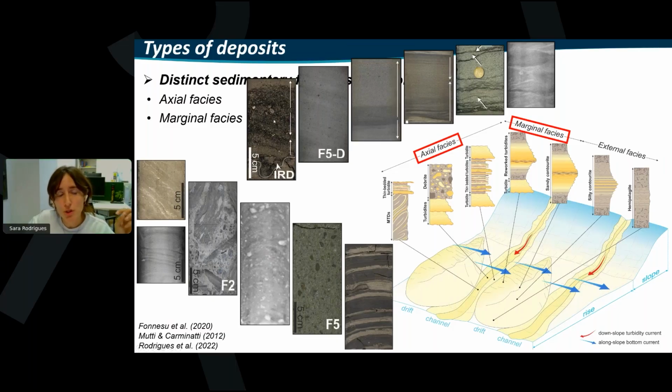But then they would coarsen upward again, and there would be no sharp contact in between, and then fine again. So we realized in some of these beds, you can see this here again, it's coarser here, or finer, should I say, and then it coarsens, and then it fines again. Here there were some sandstones as well, which have different characteristics. So all of this was telling us that the grain size was changing throughout the core.